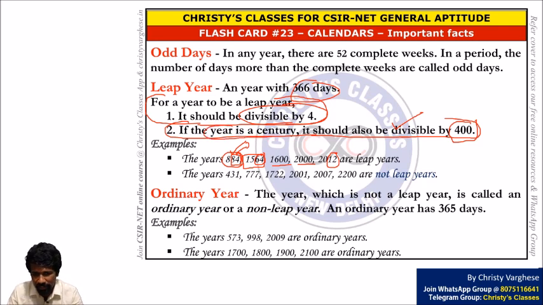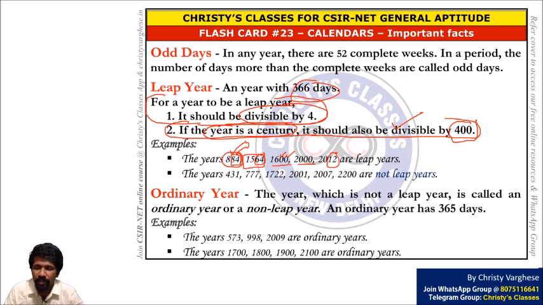Only when the year is a century is there an exception. Century means ending in 00, last 2 digits 0, or a multiple of 100. Every multiple of 100 will by default be divisible by 4 itself. You don't have to check it again, because if 100 is a factor, 4 is by default a factor. Why? Because 100 is 4 into 25. So for a non-century, you only have to check whether it is divisible by 4.